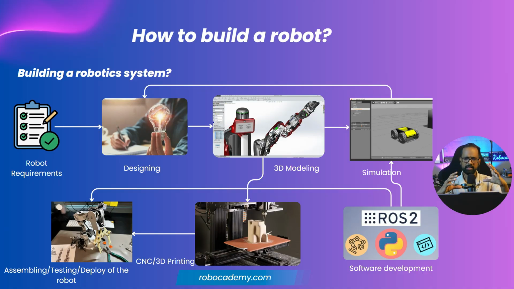Each and every detail: the shape of the robot, the sensors, actuators, then the computer that we have to use, then the 2D sketch of the robot. Each and every detail should be there in the designing. So designing is the blueprint of a robot.